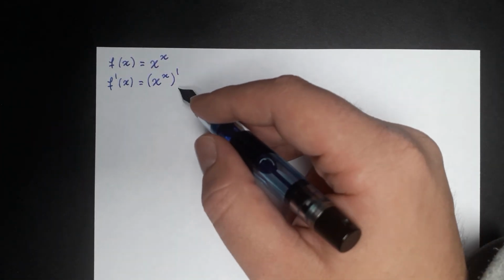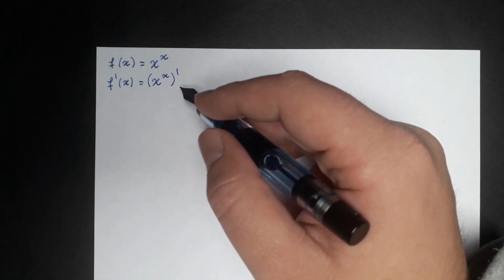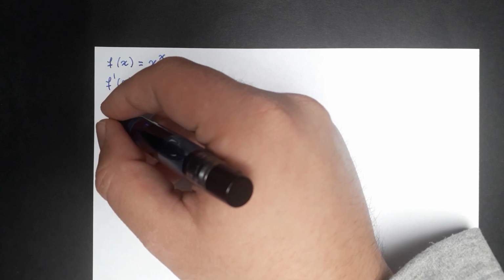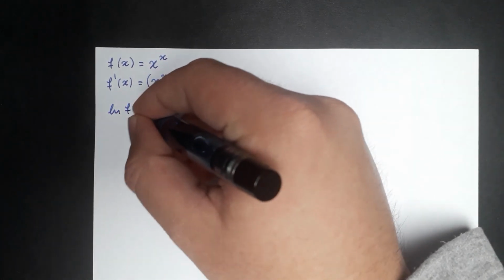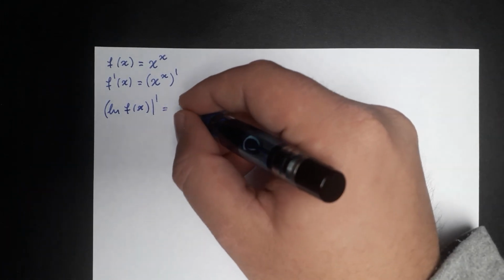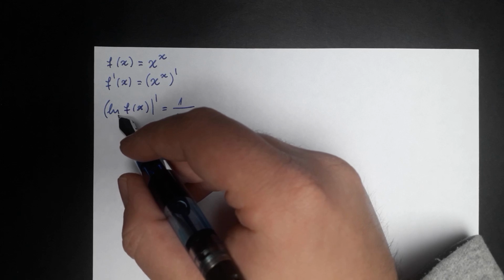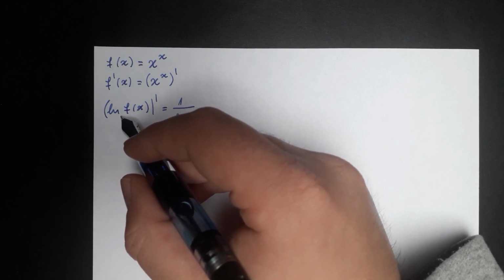This is complicated to calculate, so we are going to use an ln function to help us do this. So ln of f of x and then the derivative of that is equal to 1 over f of x, as the derivative of the ln of x is 1 over x.